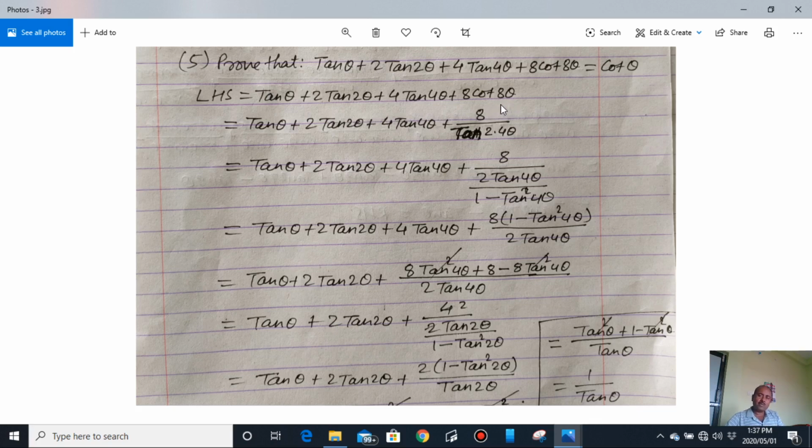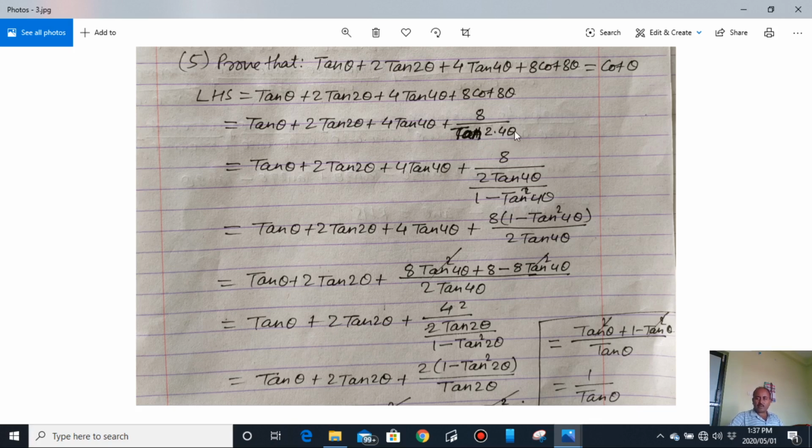So we will solve it from the tail, back side. See the next step: tan theta plus 2 tan 2 theta plus 4 tan 4 theta plus cot 8 theta. We will write 8 by tan 8 theta, but 8 we will write 2 into 4 theta, tan 2 into 4 theta.